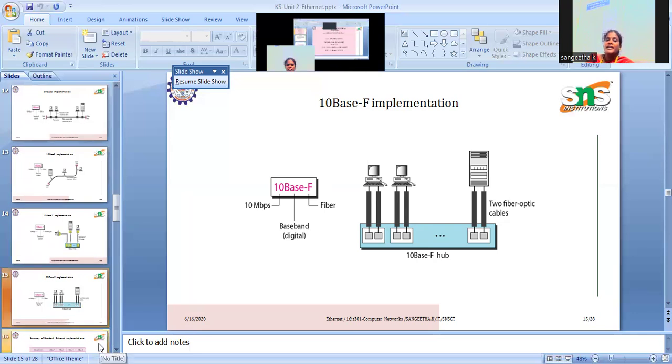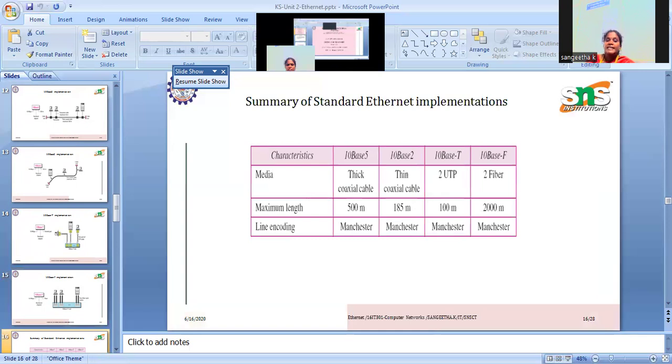These are all the various standards specified by standard Ethernet. If the medium is 10Base5, it is thick coaxial cable. If it is 10Base2, thin coaxial cable. If it is T, unshielded twisted pair. If it is F, two pairs of fiber optic cable are used. In every case, the encoding is Manchester encoding and the decoding is Manchester decoding.